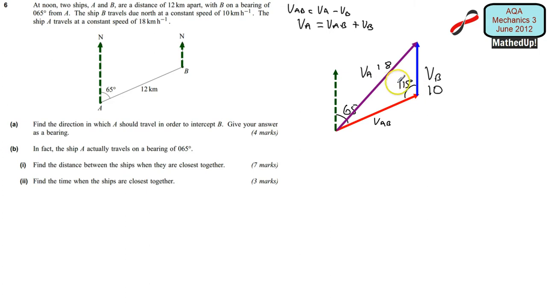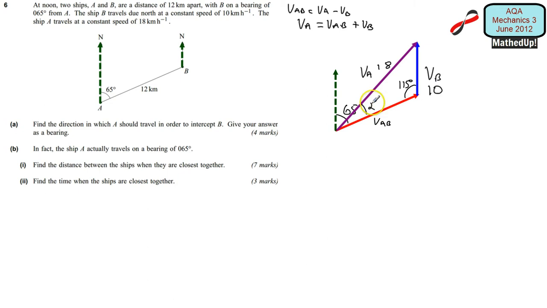Now I know this angle and the opposite side, and I want to know this angle here, which I'm going to call alpha, and I know this side here.